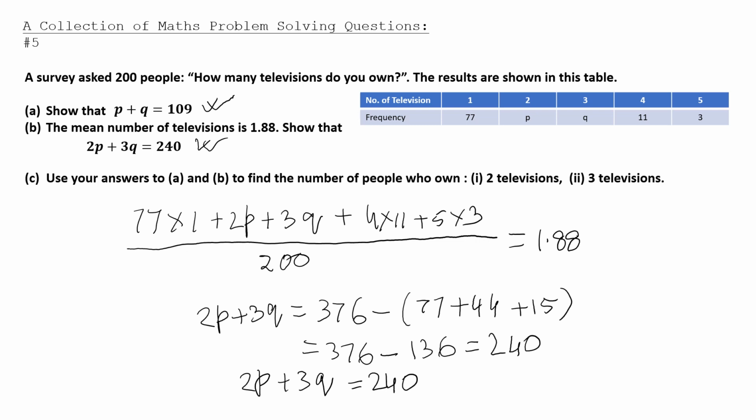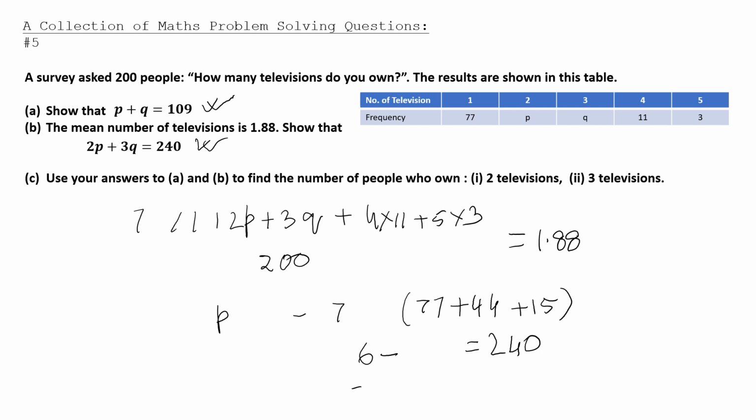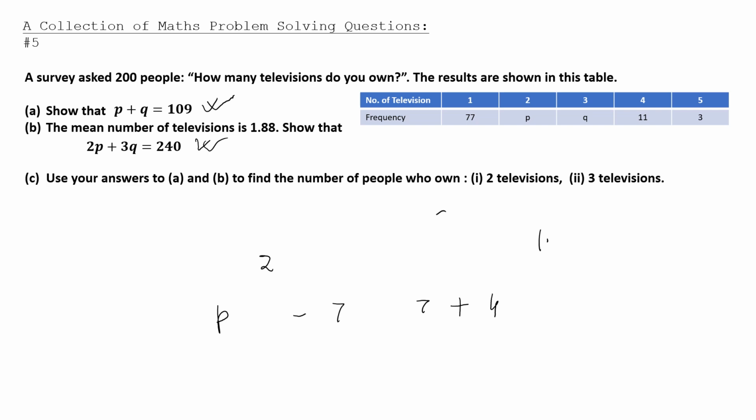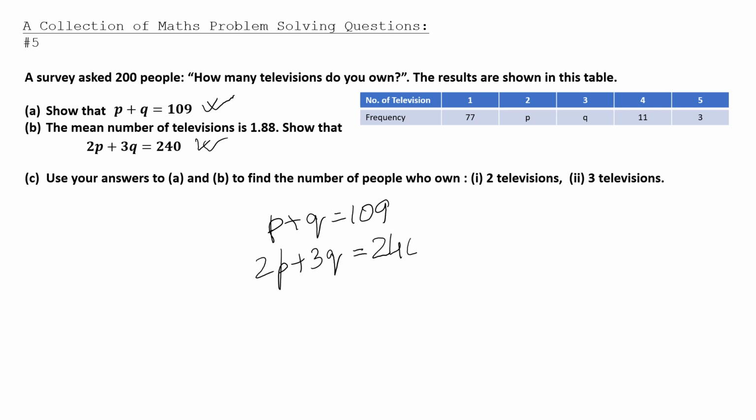Okay, now I'm going to erase this bit again to do the final one. Here we have to solve both equations simultaneously to find the values of P and Q. So we have P plus Q equals 109 and 2P plus 3Q equals 240.